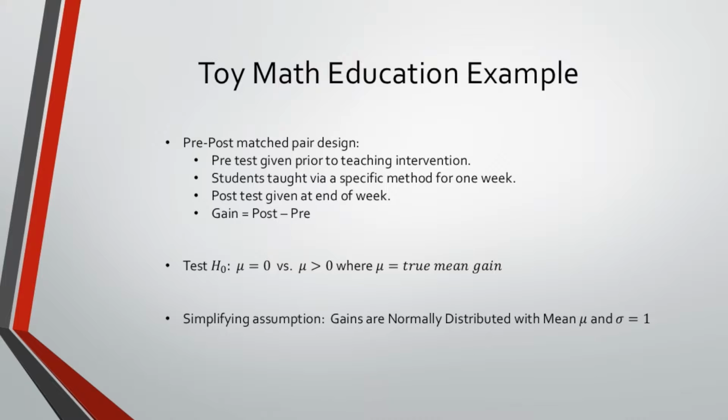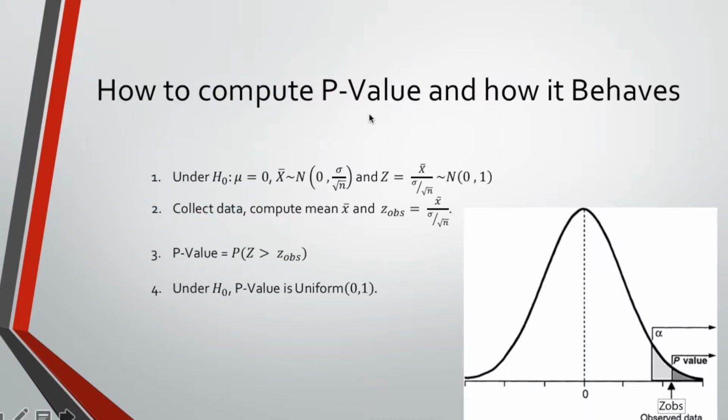And even further, I'm going to assume that I know the standard deviation of the gains, which is not realistic, and that it's equal to 1. The whole purpose is to make the description of the problem easier, so when I describe what's happening in the simulations, I don't have to go into so many details. But we still have this test: a null hypothesis, an alternative hypothesis, and we're interested in gathering data and determining between these two hypotheses.